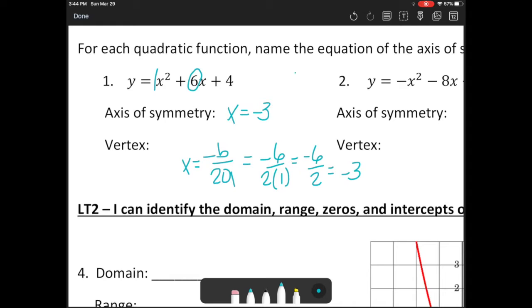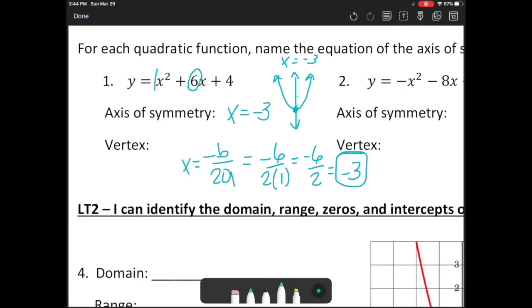In other words, a vertical line through the exact center of our parabola, that is the axis of symmetry, and the equation for that would be x equals negative 3. The vertex is the point right here, either the minimum or maximum of the quadratic. We could do that also by math.